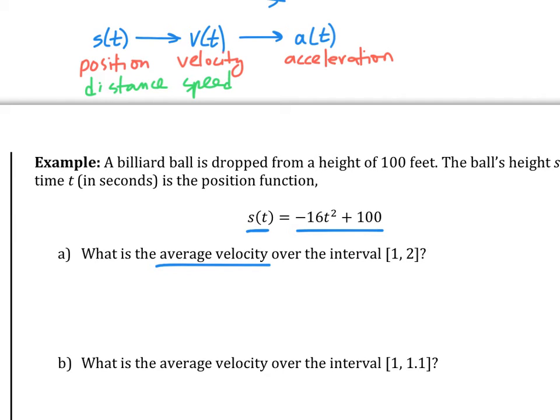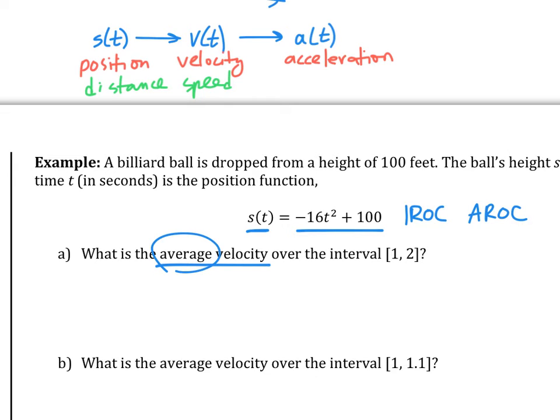But the key here is, what kind of rate are we looking for? Average rate. So when it says average, you need to remember that at the beginning of the chapter we learned two things: one called IROC and the other called AROC. IROC means the instantaneous rate of change. What is the rate of change at that instant, at that one point? Remember, one point.